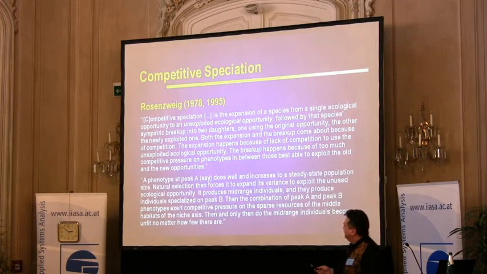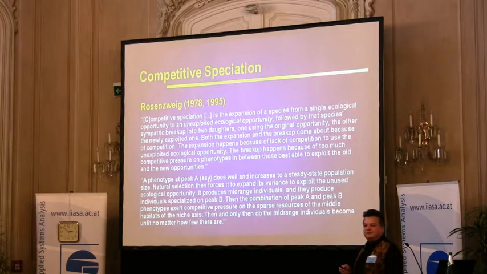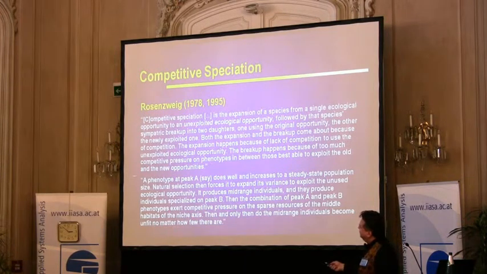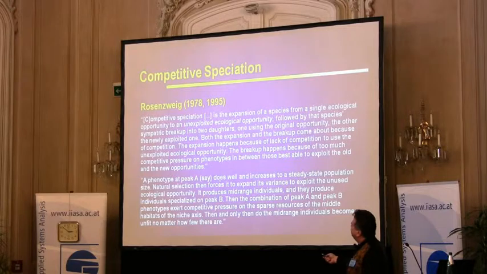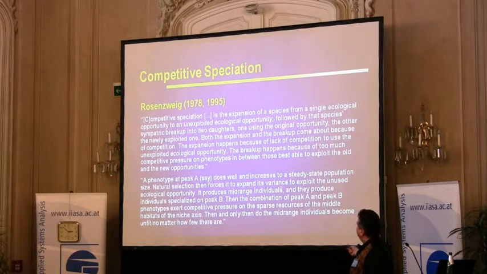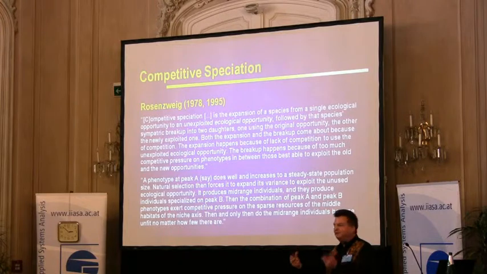But when you continue reading his explanation, you see it's the same mechanism at work, the same idea. So a phenotype that sits on peak A does well and increases to a steady state. Natural selection then forces it to expand its variance to exploit the unused ecological opportunity. Remember, he thinks of 2 fitness peaks.